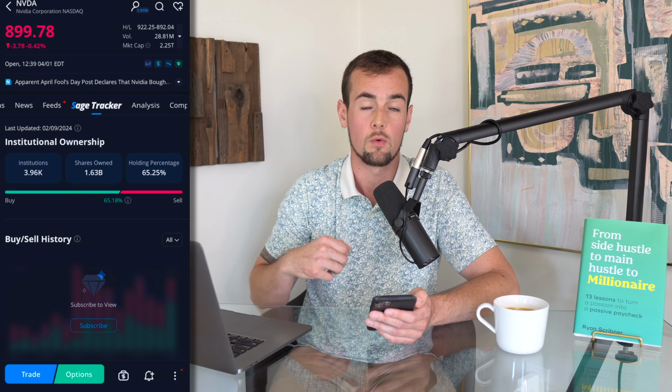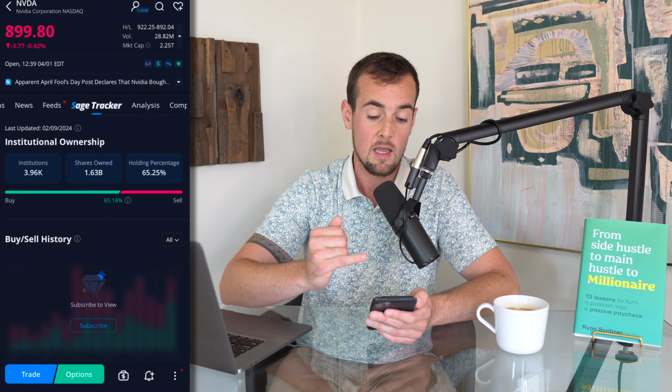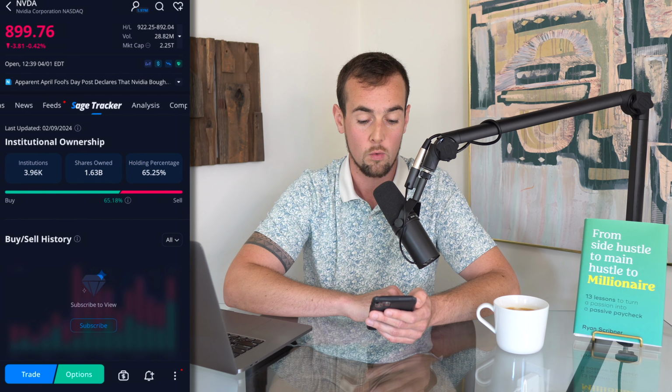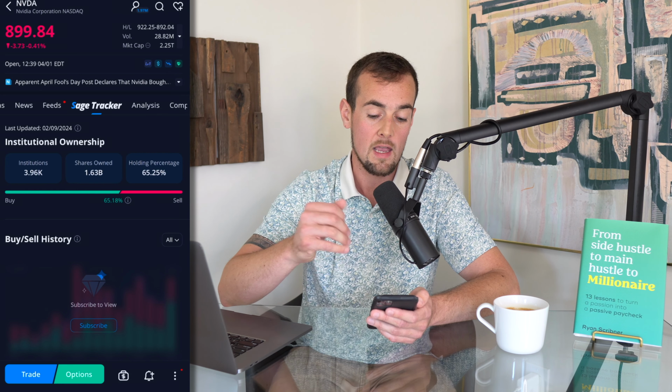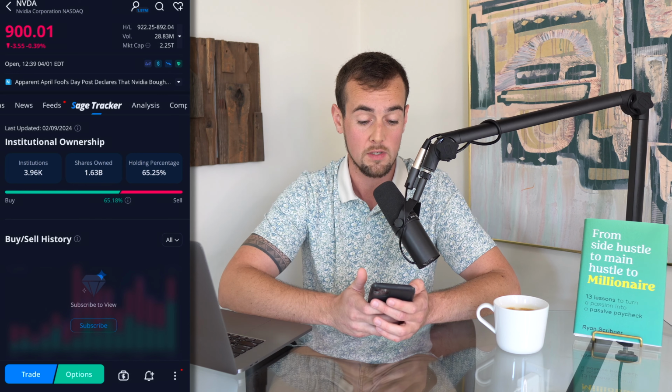Institutional buyers are large mutual funds and hedge funds and things like that. And currently we can see that 3,960 institutions own NVIDIA. They own 1.63 billion shares, and you see 65% are buying, and that means 35% are selling.